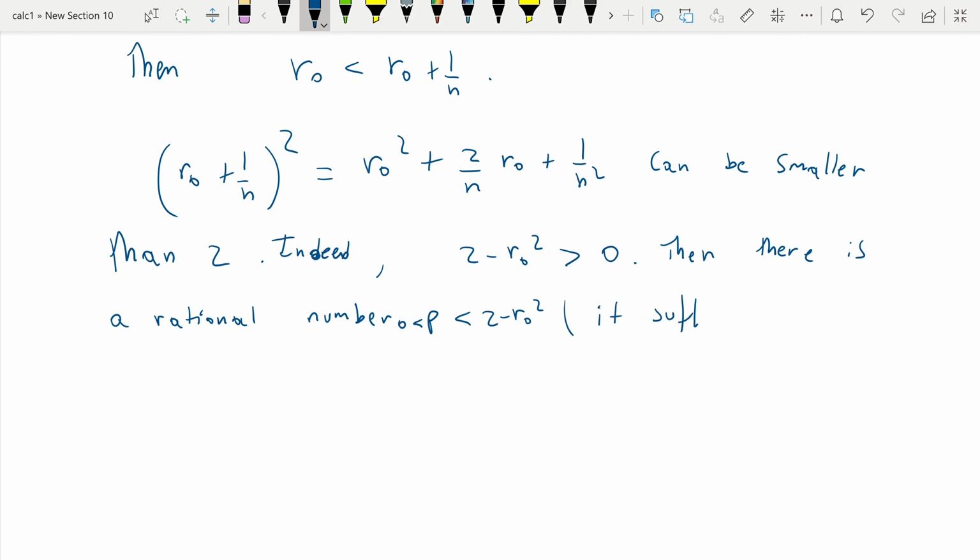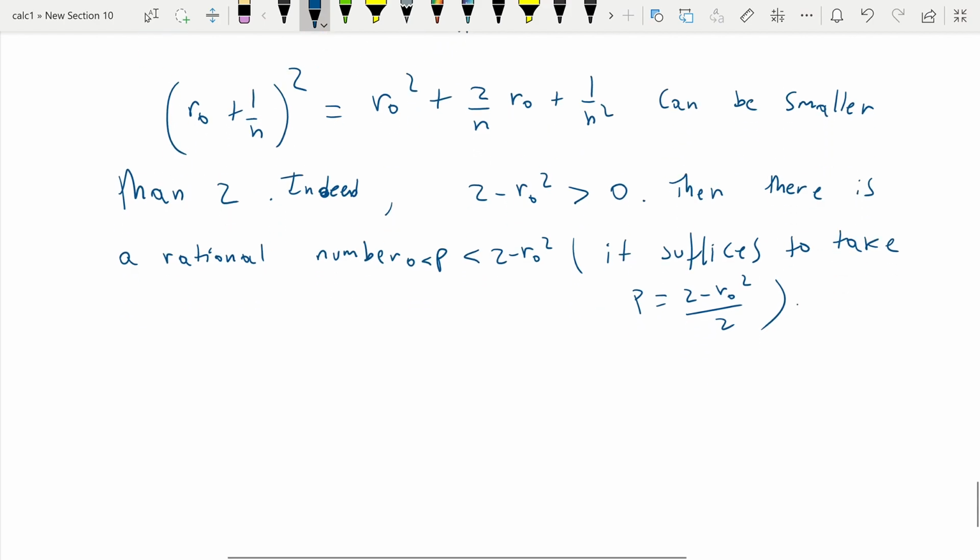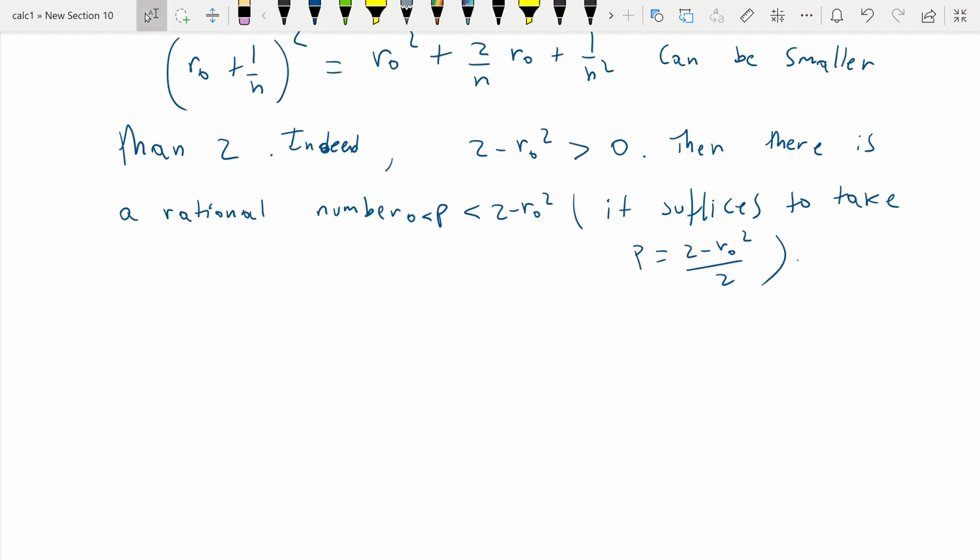It suffices to take p equal to 2 minus r naught squared over 2. Try to convince yourselves that this is the case. And of course, 2 being an integer, r naught being a rational number, tells you that p must be a rational number as well.